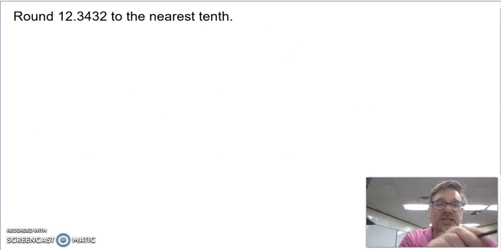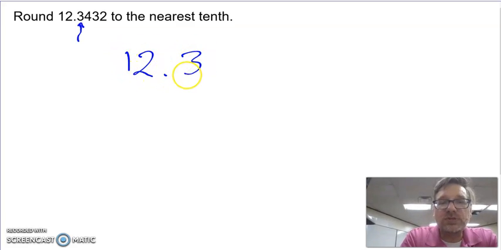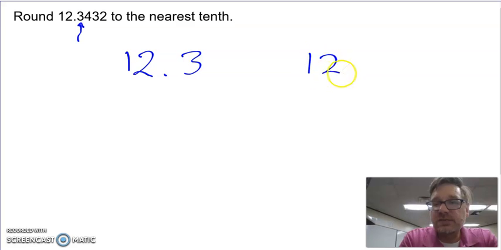So what do I mean by that? Let's take 12.432 and round it to the nearest tenth. The nearest tenth is that value right there. So the question becomes, is it going to be 12.3 or is it going to be 12.4? That's my question. So to figure that out, we look at the number to the right of the 3.